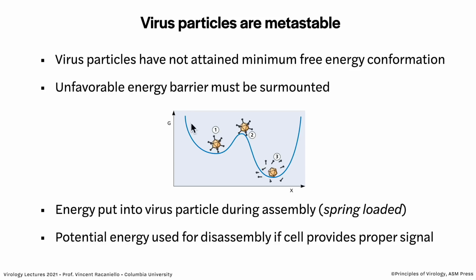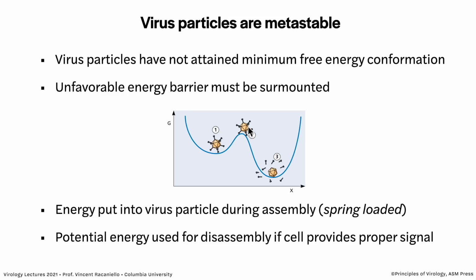So here's a graph of different states of the virus particle with free energy, G, on the y-axis. All right. And so virus particles, in order to become unstable, to release the genome, they have to get down here in state 3, which is the minimum free energy conformation. And they exist in state 1, which is a higher energy. But to get to 3, they have to go over a barrier, an even higher energy state.